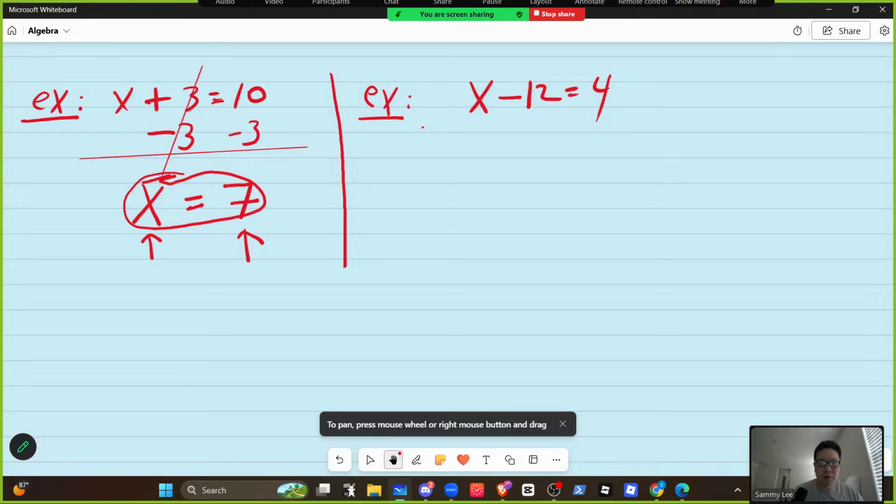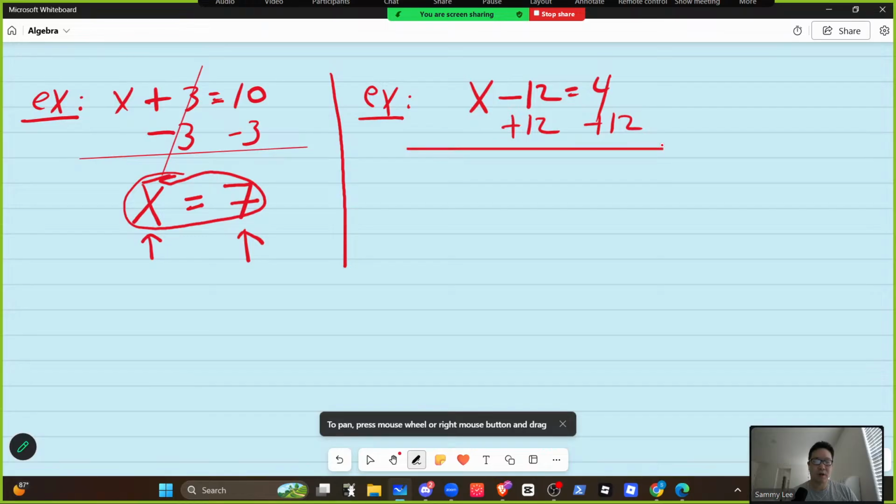Okay. So what's being done to x? Well, we're subtracting 12 from x, right? So we're going to do the inverse operation of that, which is addition. We're going to add 12. But not only are we going to add 12 to the left side, we're going to do it to the right side as well. So plus 12 and plus 12.